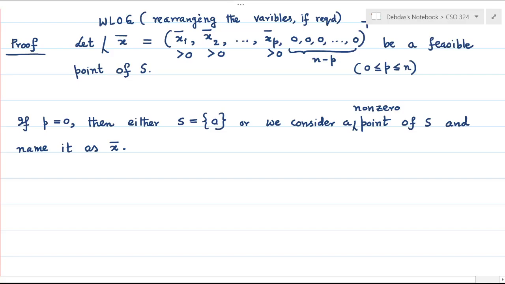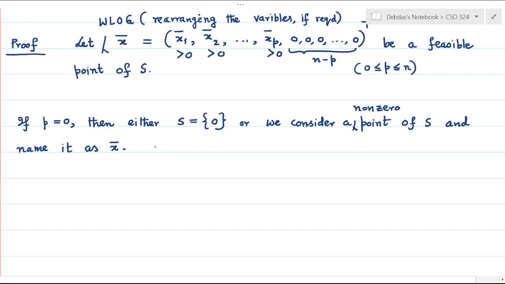And if the set S has only the point origin, then that is indeed an extreme point, right? And that is obviously a basic feasible solution, because a singleton point is an extreme point, and obviously it is a basic feasible solution. So without loss of generality, next we assume that p is greater than or equal to 1, and we are letting that x1 at least is not 0.